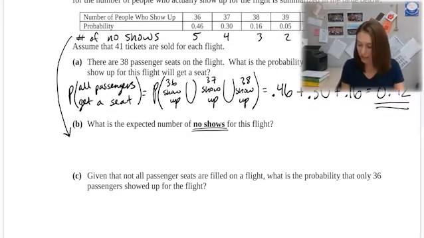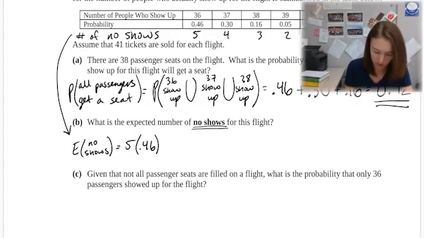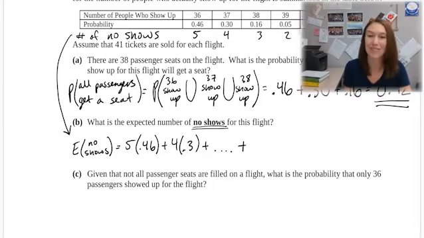So when I do my expected number of no-shows, I would have 5 times the probability of that happening, plus 4 times the probability of that happening, plus, and we can do a little shortcut in stats here, plus 0 times the probability of that happening.